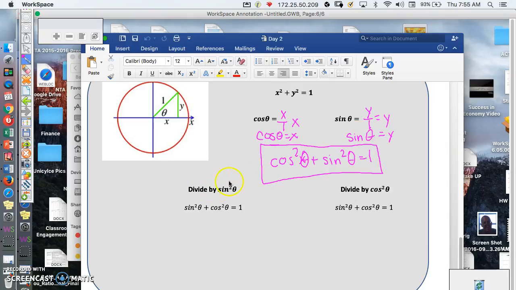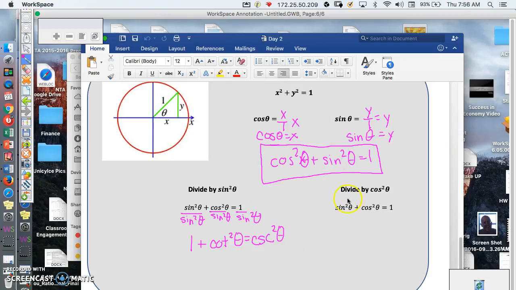And now we can get a couple other ones here. If we divide this by the sine squared, we end up with 1 plus cosine over sine is the cotangent squared. 1 over the sine is the cosecant squared.